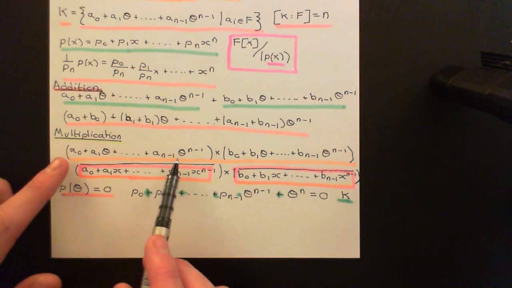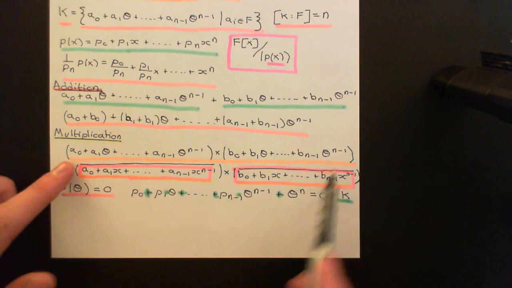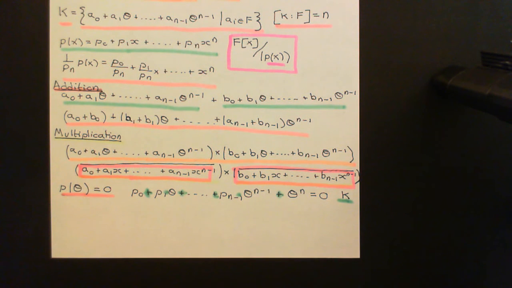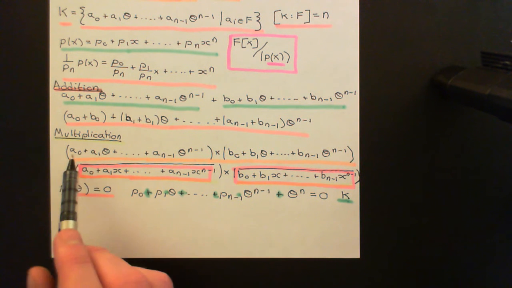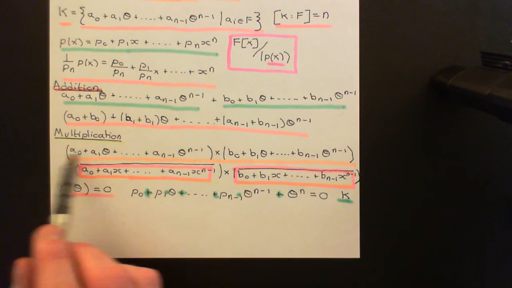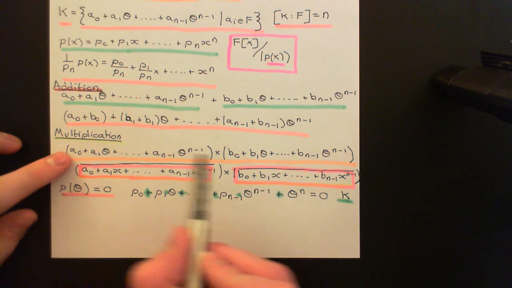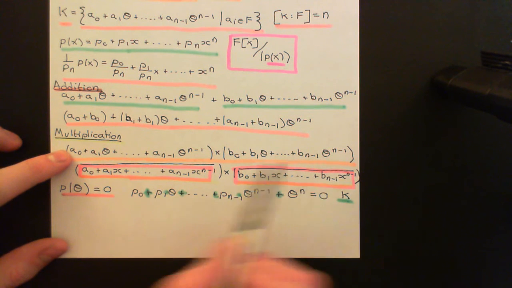The advantage of doing that is that if I want to multiply these two together, I can just now apply distributivity. Every operation here is just in the field K. We know that the field K has to obey distributivity, so I can just multiply this huge great thing out. I can take A0 and multiply it with every single one of these.